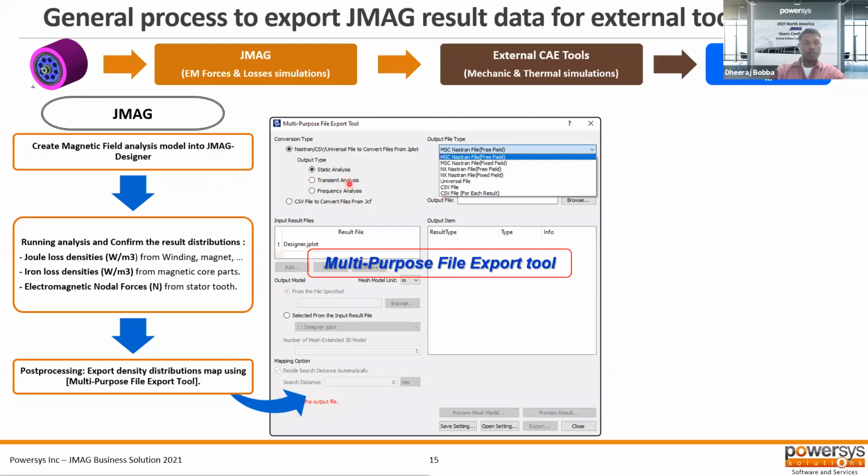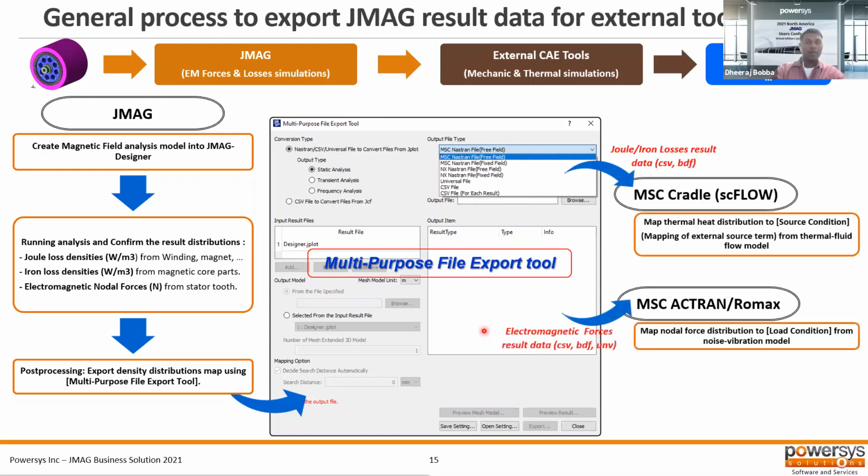Once you finish your electromagnetic analysis, you can simply bring in your external CAE tool or the mesh from the external tool and link it to the multi-purpose file export tool, and combine the nodal information or the mesh information from JMAG onto the CAD model for either thermal or acoustic analysis.